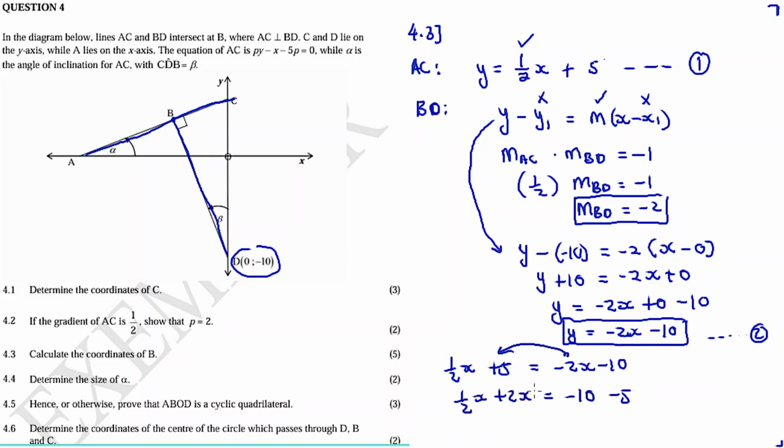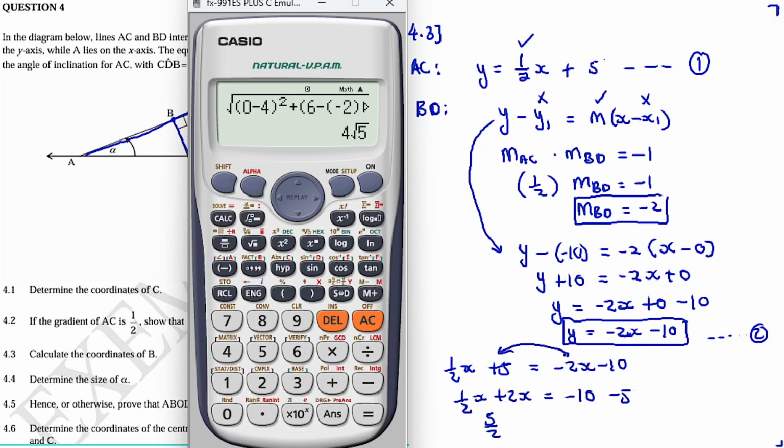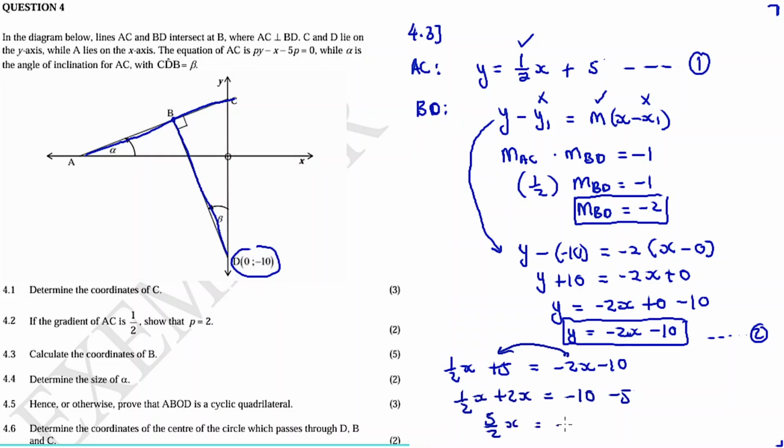So a half plus 2, that's 2.5, which means it's 5/2 x, equals minus 15. I'm running out of space now, so I have to erase. Do not go back, otherwise you'll cancel some stuff.